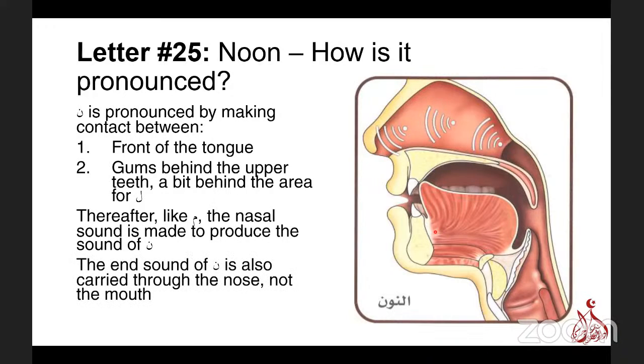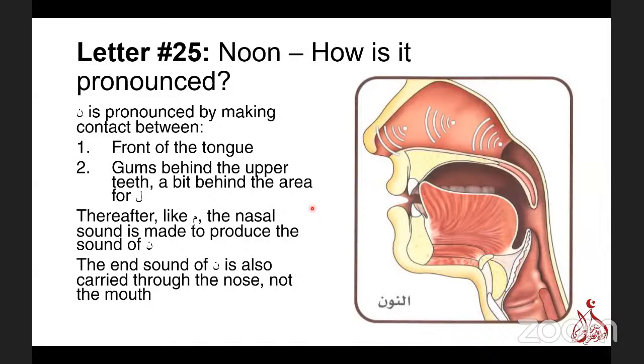And again, the end sound of a noon is also carried through the nose, not the mouth. The same thing with the noon. If you put your tongue in the area where it's supposed to be, and then close off your entire nose, you will be almost unable to pronounce a noon. Why? Because the noon sound comes through the nose, not through the mouth.